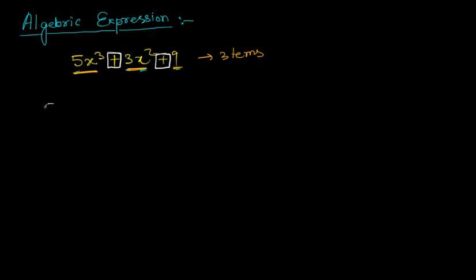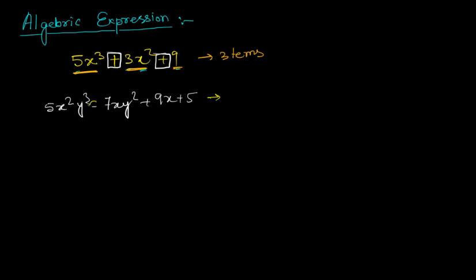Let us try one other example. Say 5x squared y cubed, 7xy squared, 9x plus 5. The question is how many terms we have in this algebraic expression.